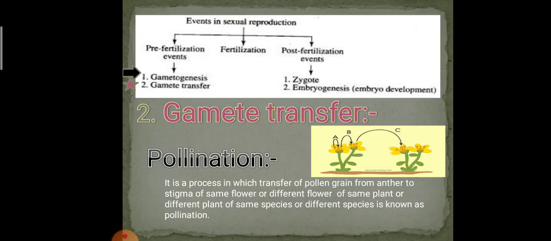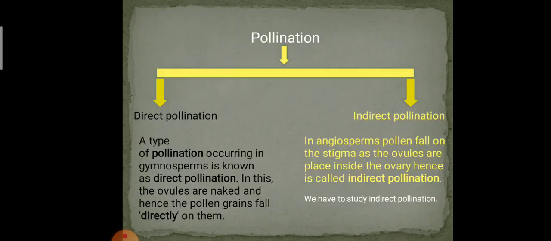This pollination basically consists of two major types, and these two types are carried out in two different spermatophytes. Pollination is basically divided into direct pollination and indirect pollination.